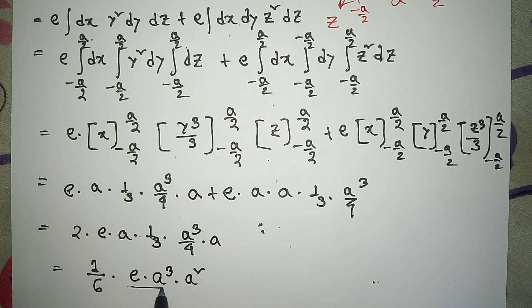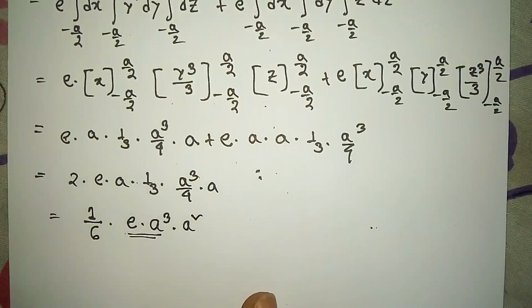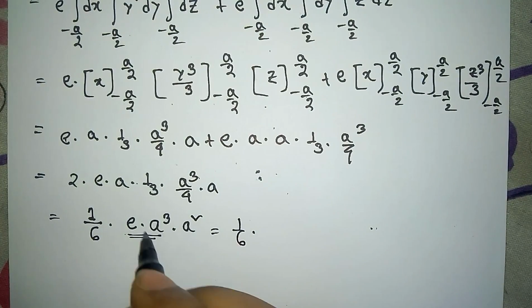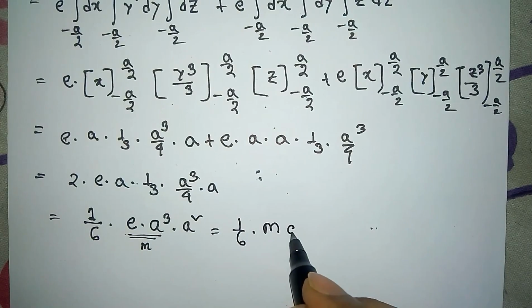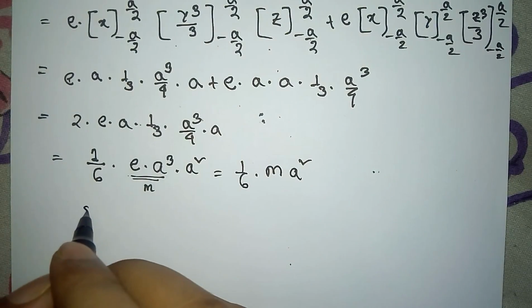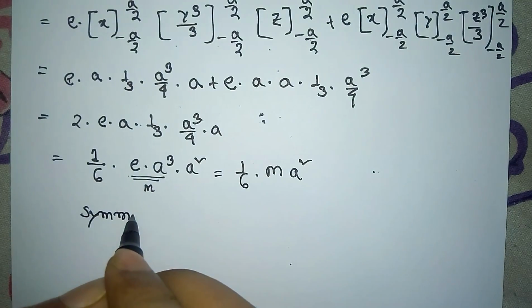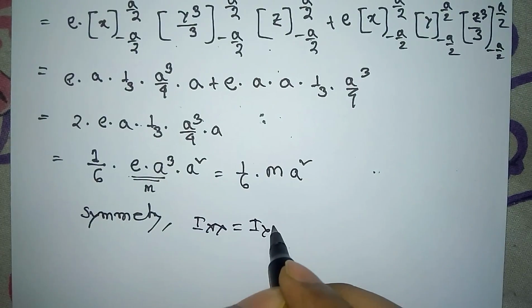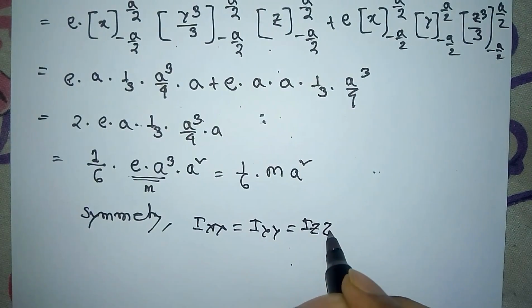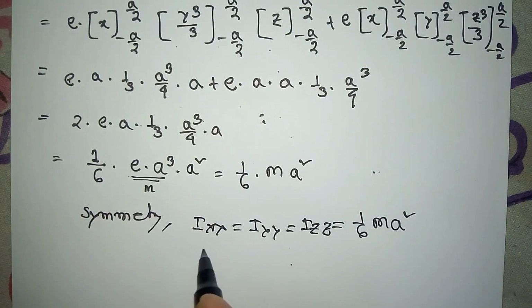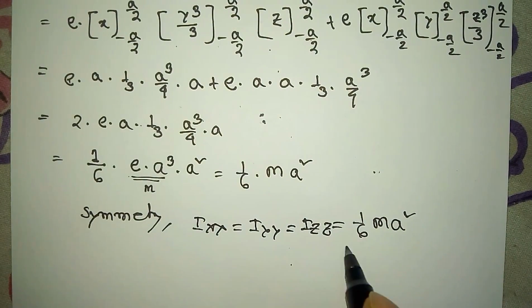Rho is the density and a cube is the volume, so this is the mass: 1/6 m a square. From the symmetry of the cube, we can write Ixx equals Iyy equals Izz, equal to 1/6 m a square.